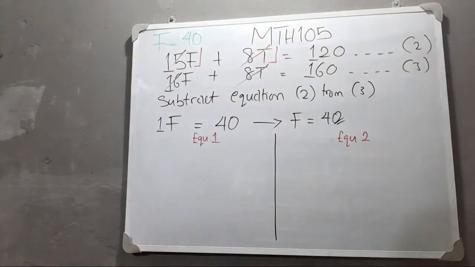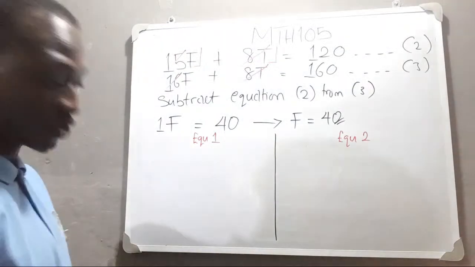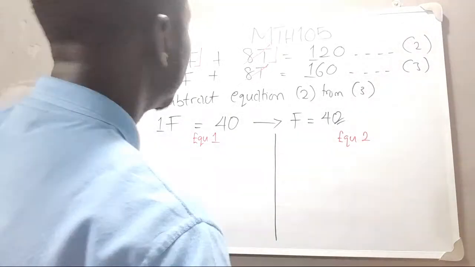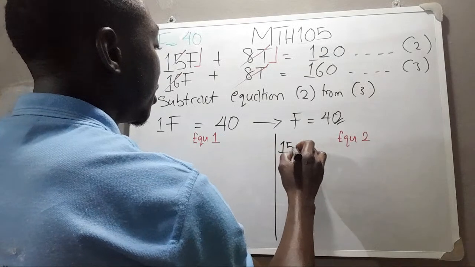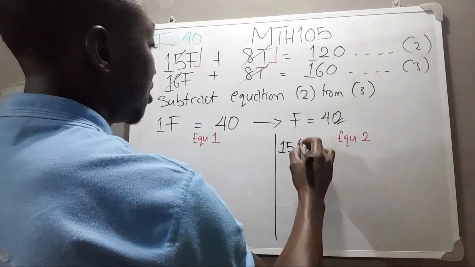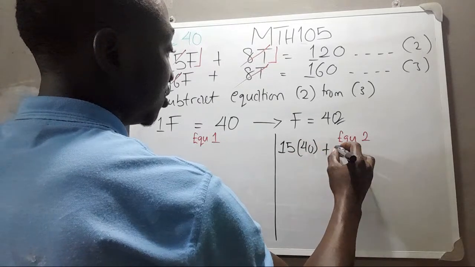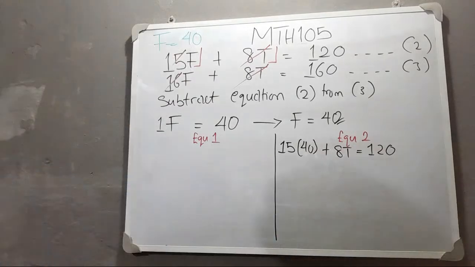I don't have equation 1 here, so let me use equation 2 first. By the time I'm done with equation 2, I can copy out equation 1 and solve for it. So equation 2 here says 15 into bracket 40 plus 8t equals 120.